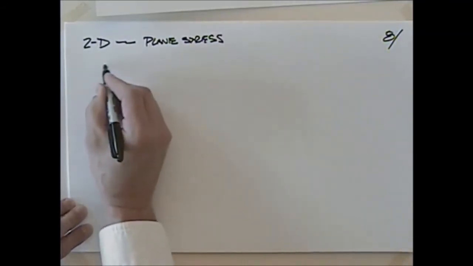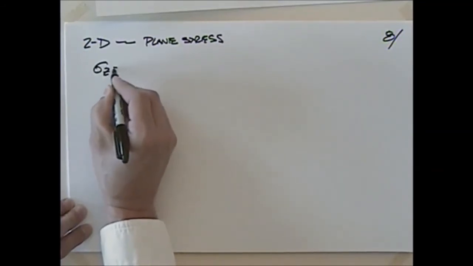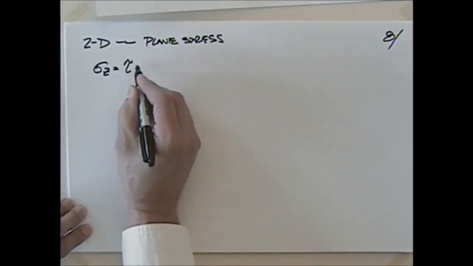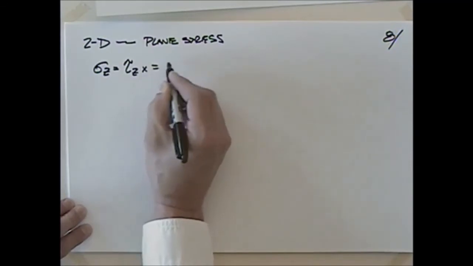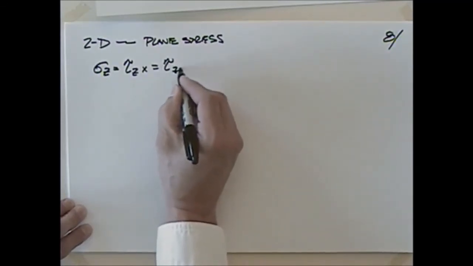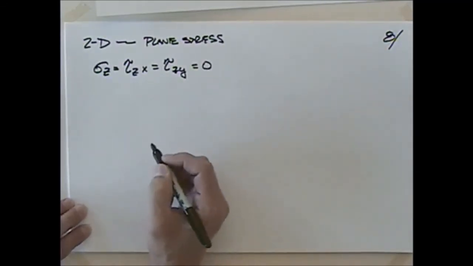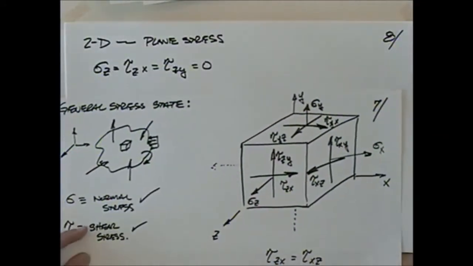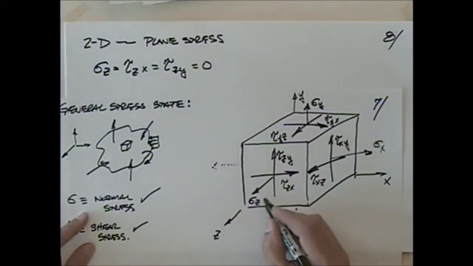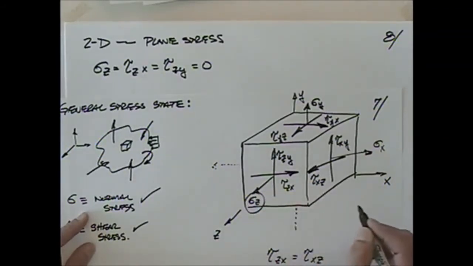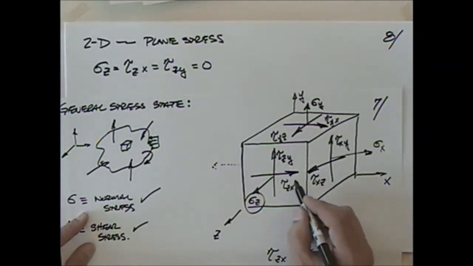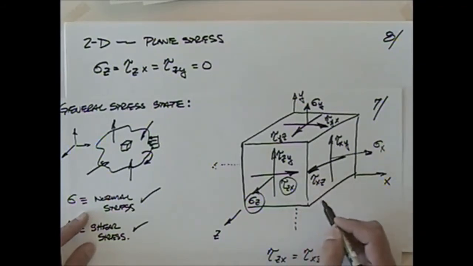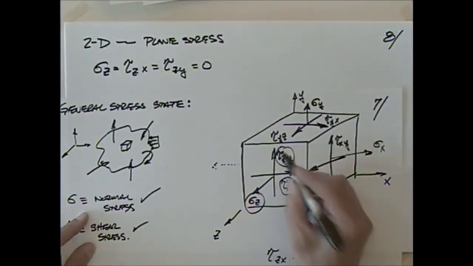we're going to require that sigma z is equal to tau on the z face in the x direction, is equal to tau on the z face in the y direction, that those all be equal to 0. So what does that look like on this piece? This one is 0, the z face in the x direction is equal to 0, and the z face in the y direction is equal to 0.